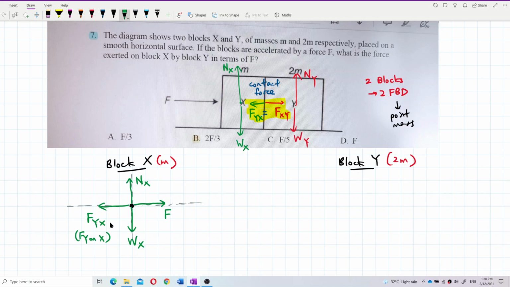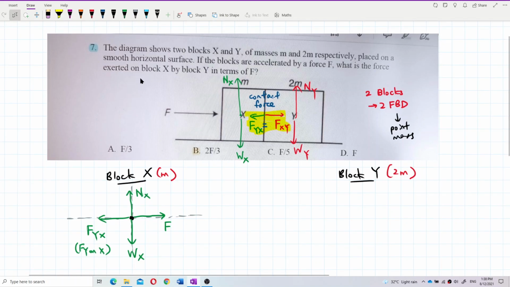No friction, isn't it? No friction because it's smooth. Here it says smooth, so no friction. The kinetic friction is 0. No friction from the surface of the table. And don't forget, it has acceleration.